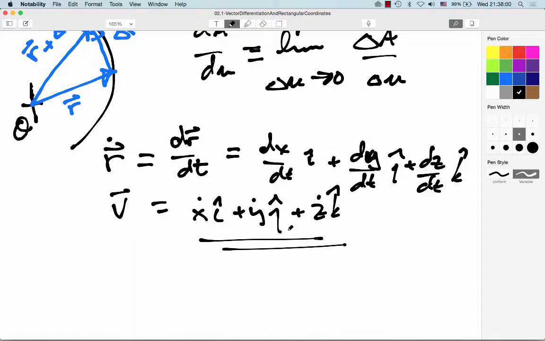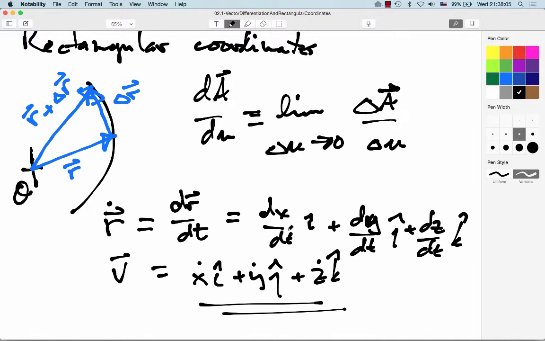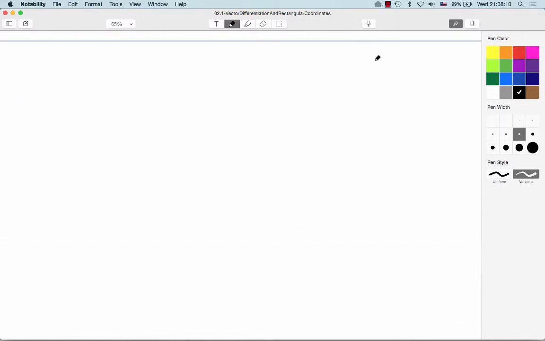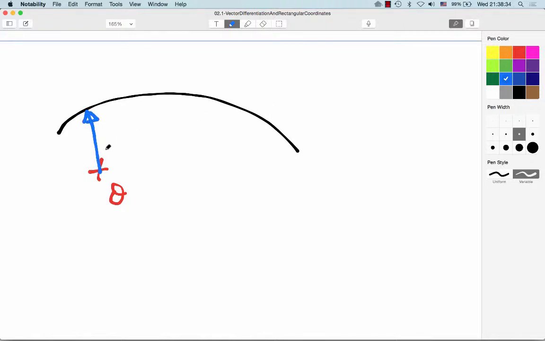Okay, so now if we think about trying to construct a sequence of these positions as our delta t approaches 0. So let's say this is our trajectory like so. We'll go ahead and stick our origin over here. And so here's my first position right here.